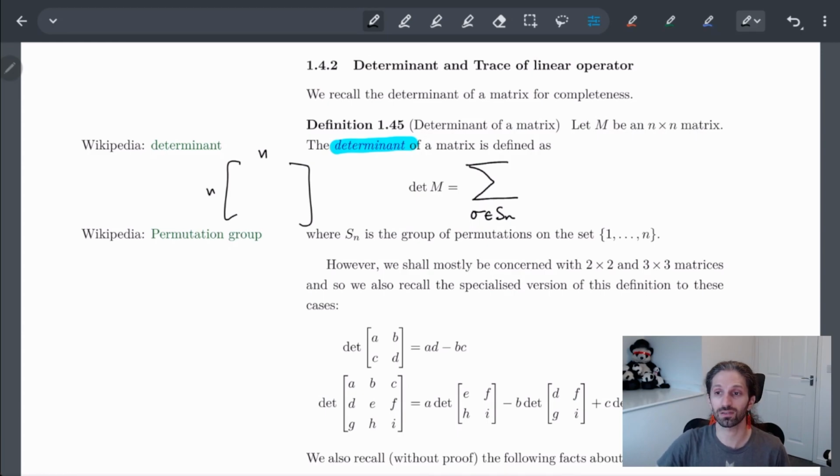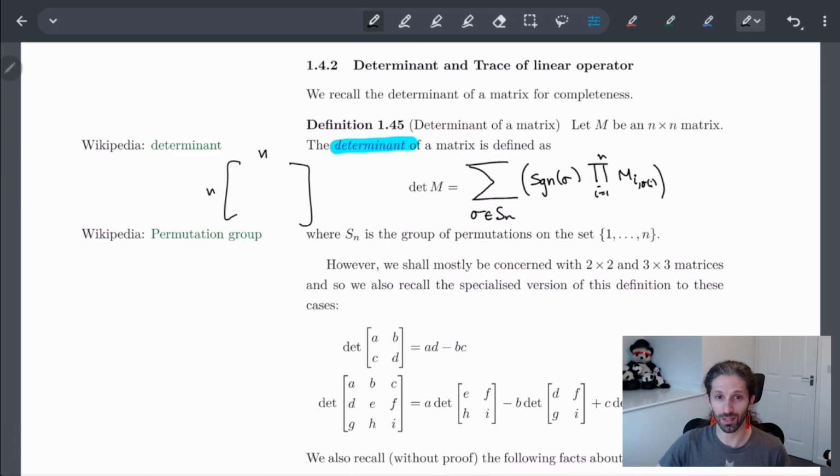If you don't know what these are, come ask either David or myself, and we can go over them with you. Then we take the sign of a permutation. And then we finally take the product of our matrix, where the indices of our matrix are precisely the ith and sigma ith entry, where i is equal to 1 to n. And that gives us the determinant.